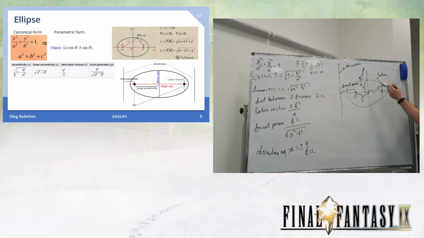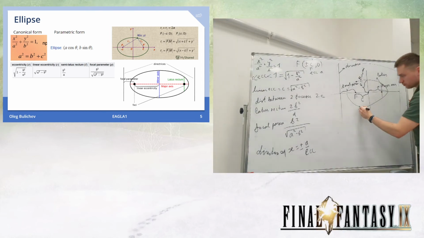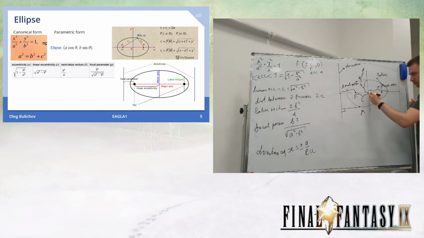Because you remember it should be, let's say, M to what? They should be the same in parabola. Actually, we are finding eccentricity like this. The ratio between this and this.